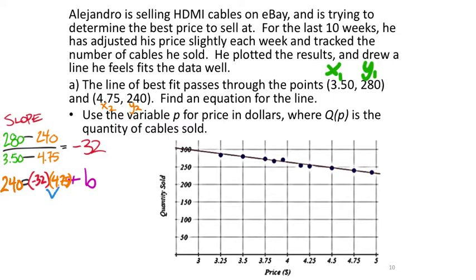So I do negative 32 times 4.75. Enter, and I get negative 152 there. So now I got 240 equals negative 152 plus b. And then it's just an equation that you're solving for b here. Just add 152 to both sides.